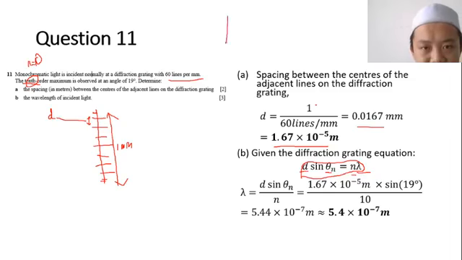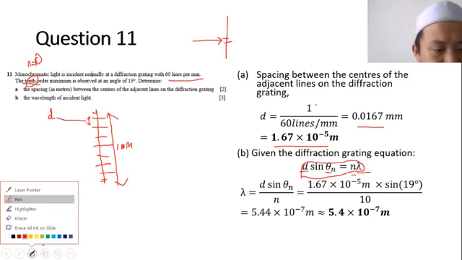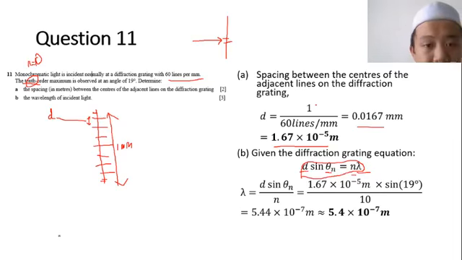So diffraction grating, let's say for example this is the source. This is the diffraction grating slits. Let's just change colors. If you have, this is the zero order.